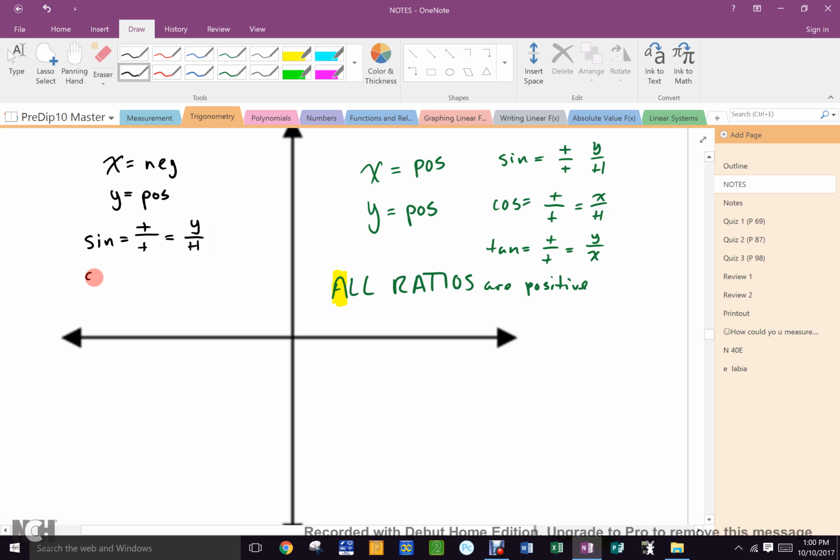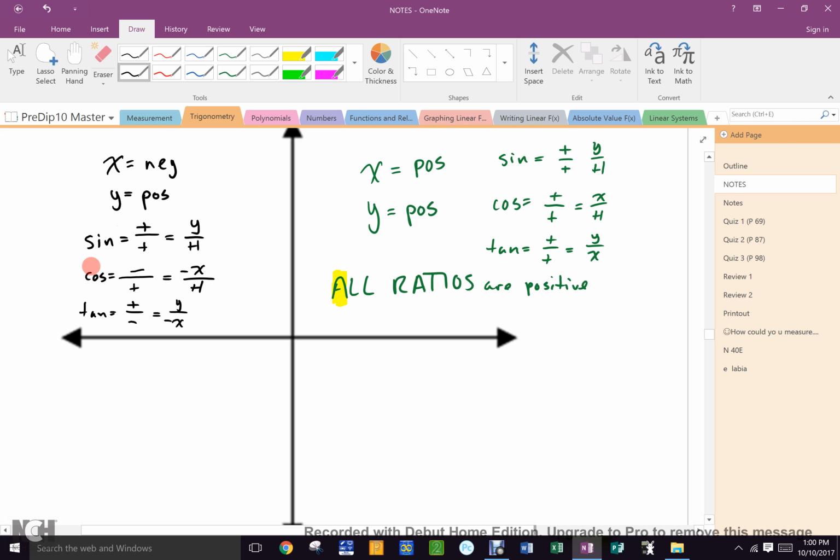Yeah. What is its cos? X's are negative, so it must be negative over a positive. Negative x over h, so it's negative. With me? And what's tan? Positive over negative because it's y over negative x.